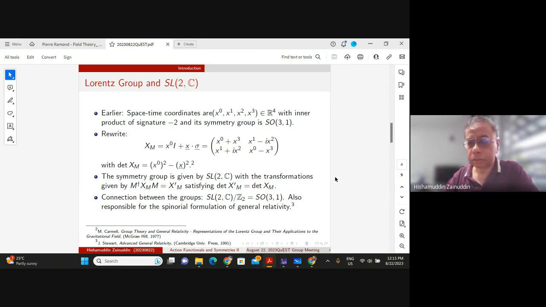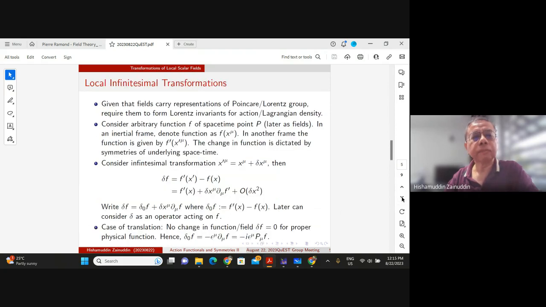Let me go next. What we're trying to do is to build up the action functionals, and the action functionals come from your Lagrangian density, which should involve the fields. The fields will carry representations of your Poincare group in general, or Lorentz group in particular.